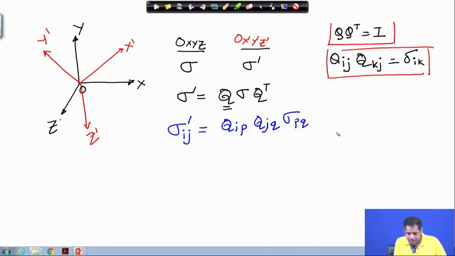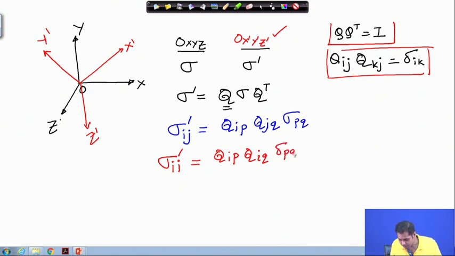Then, with this index form, sigma ii prime, which is the trace of the stress tensor written with respect to the prime coordinate system, will be Q ip Q jq, and j will become i here, because instead of j we are using i. So, this becomes Q ip, then Q iq, sigma pq.